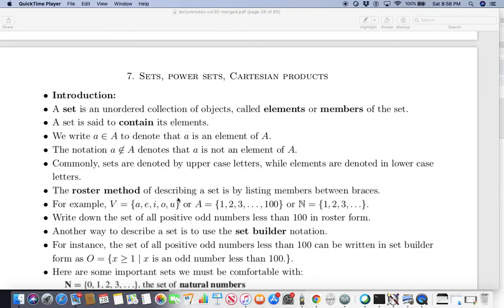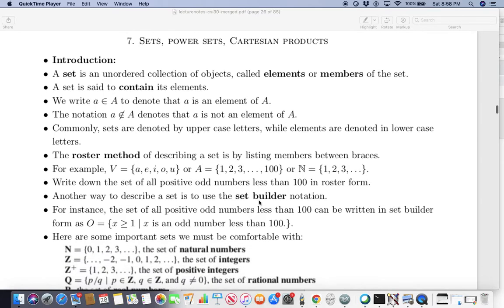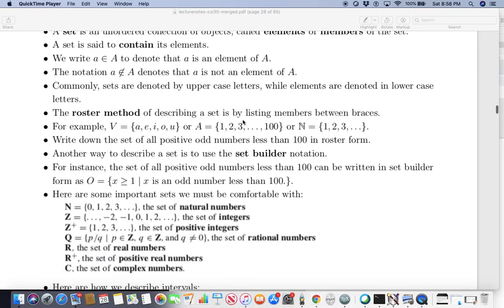The roster method of describing a set is by listing members between braces. For example, the set V is {a, e, i, o, u}, or A is {1, 2, ..., 100}, or N is the set of counting numbers {1, 2, 3, ...}. That means it goes on infinitely.